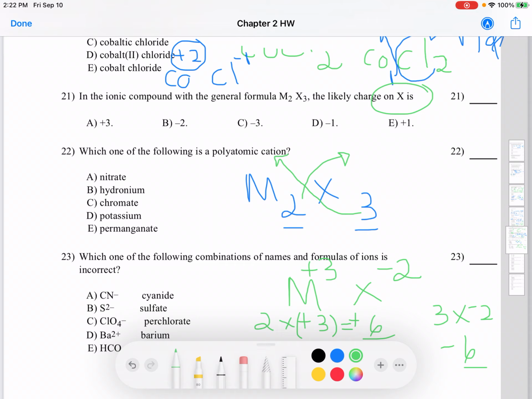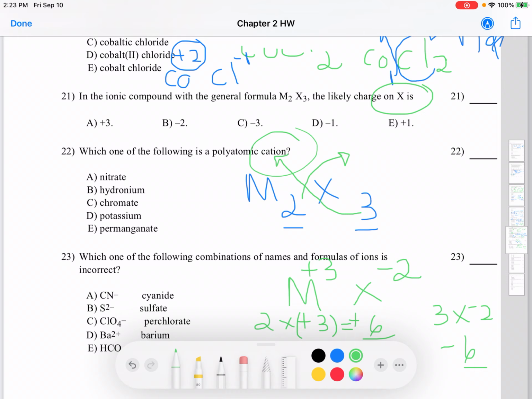Which of the following is a polyatomic cation? Polyatomic cation. Okay, now you can refer to the cation chart given in our lecture slides, as well as the handouts posted on Blackboard. Remember I showed you there are some useful handouts for the exams on the Blackboard site along with the periodic table, and on page 6 of that you will see some polyatomic ions.